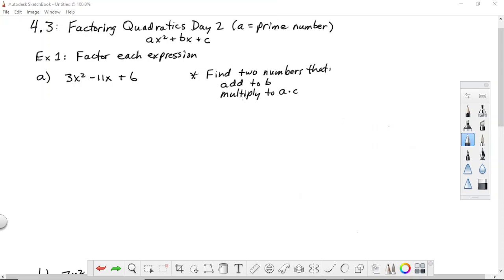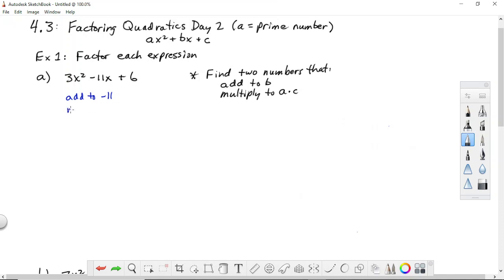So in this case, for the first one, the numbers we're looking for add to negative 11, because that's our b term, right? Our coefficient of x.